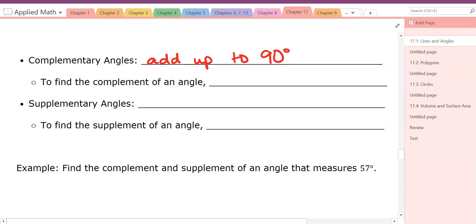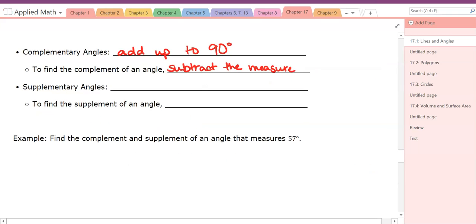To find the complement of an angle, you just subtract its measure from 90. So supplementary is when they add up to 180 degrees. And so to find the supplement of an angle, you subtract its measure from 180.